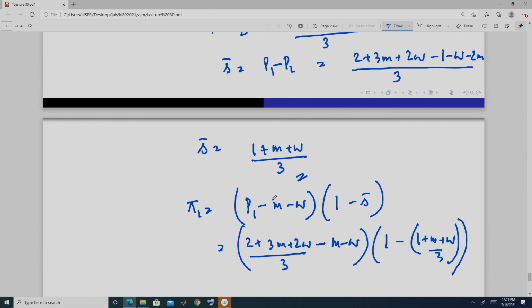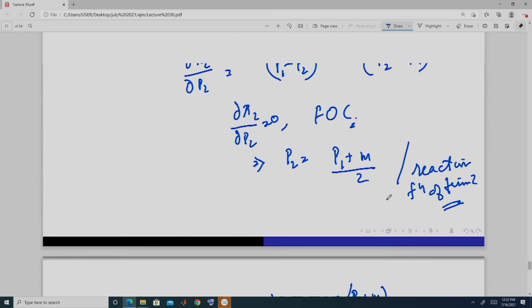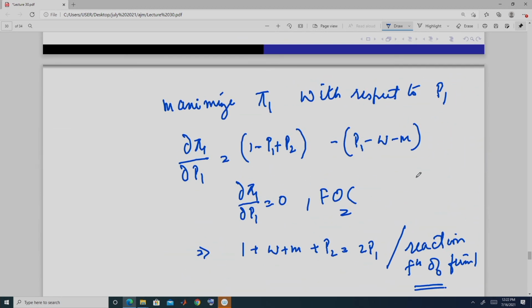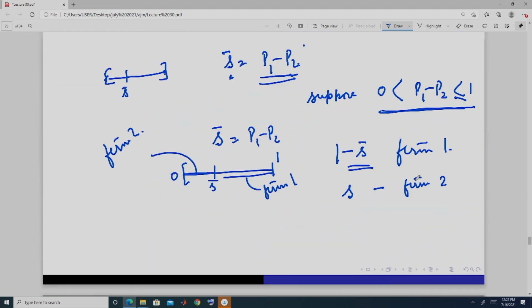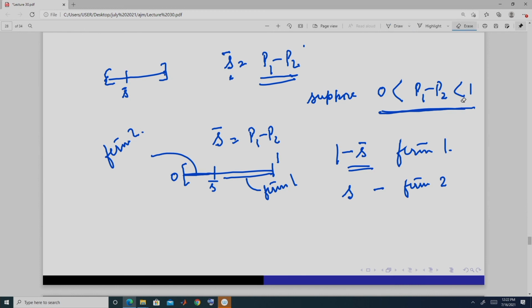Right. Now, here we have to assume that this is definitely greater than 0 and this is less than 1. So, we have to assume that this is less than 2, for this condition to be satisfied. So, for simplicity I assume this.